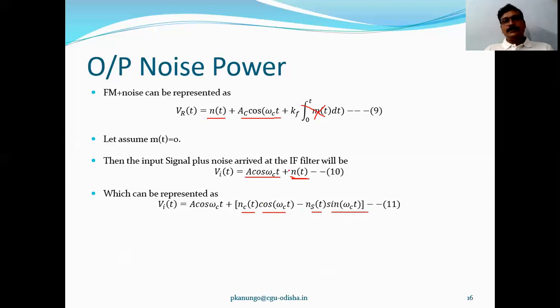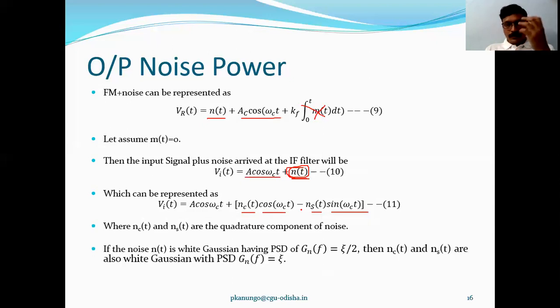In the mathematical representation of noise, there are in-phase and quadrature components of noise. So noise NT can be represented as two parts, NC and NS, which are the quadrature components of noise.